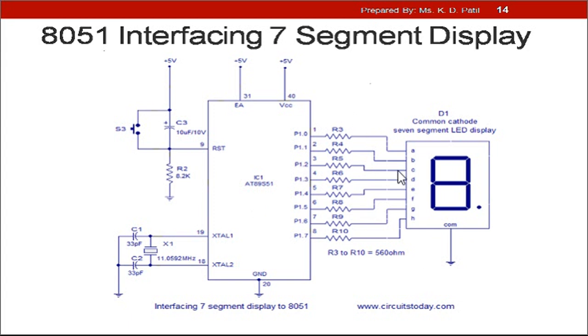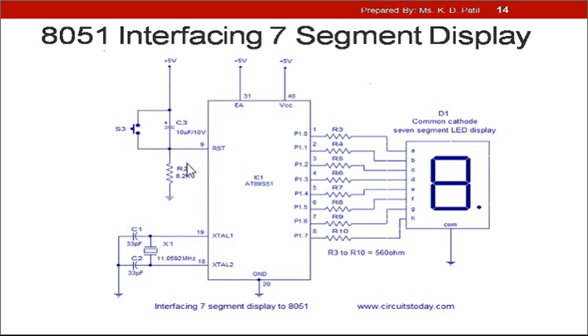If you observe LED interfacing and 7 segment display interfacing, it is the same. The only difference is that here 8 LEDs are interfaced together, and in the previous diagram only 1 LED was interfaced. Now why is the capacitor and resistor connected to the reset pin?